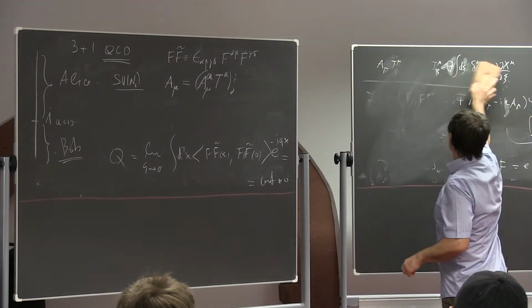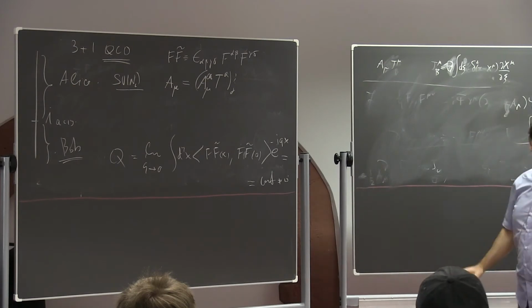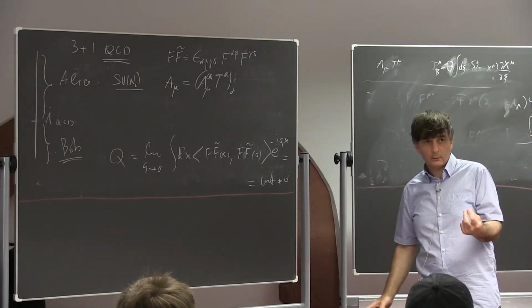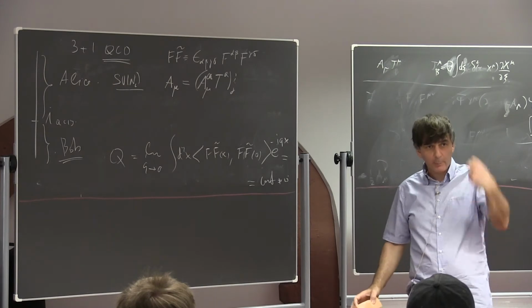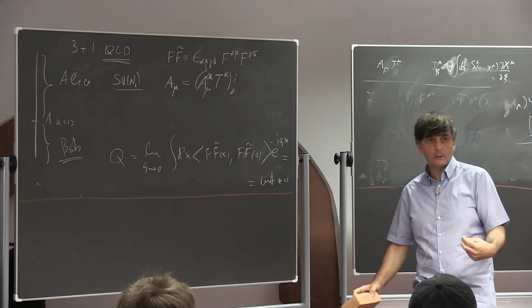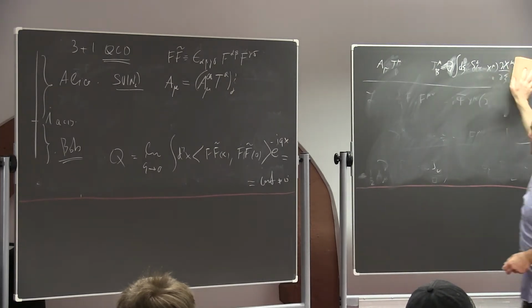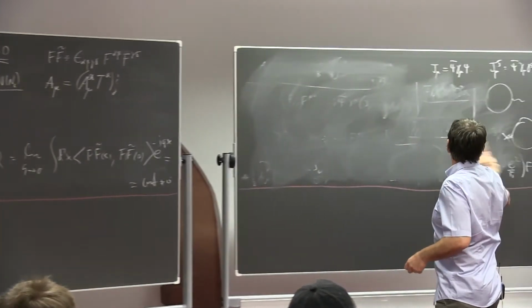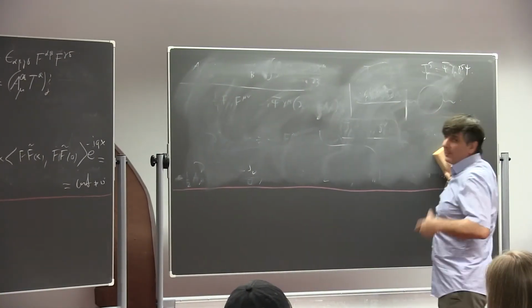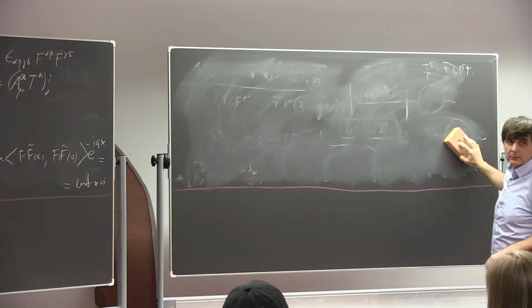No, I'm not saying that Bob doesn't know QCD. Of course he knows QCD. He just operates in terms of the color blind quantities. He only measures color blind quantities, let's say.